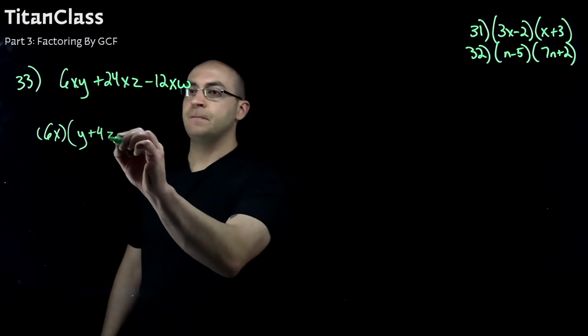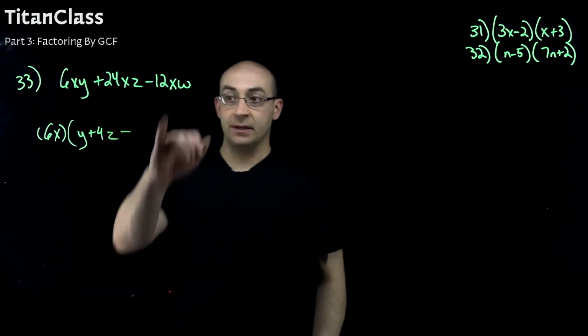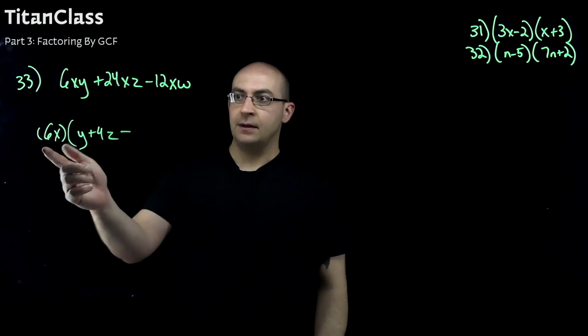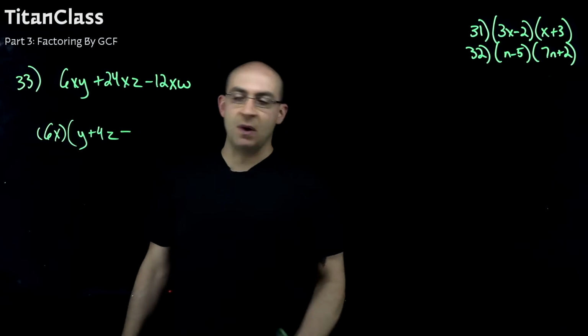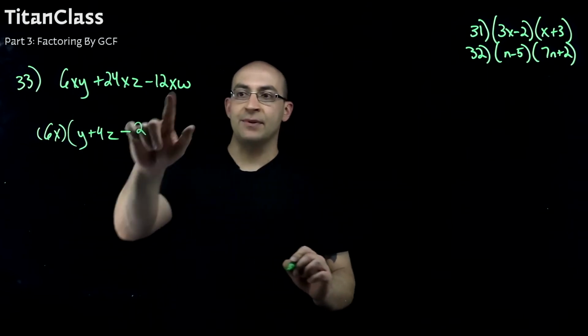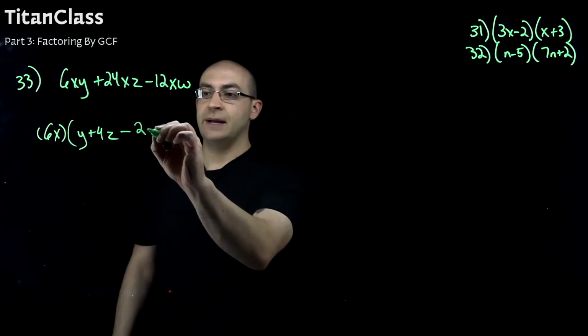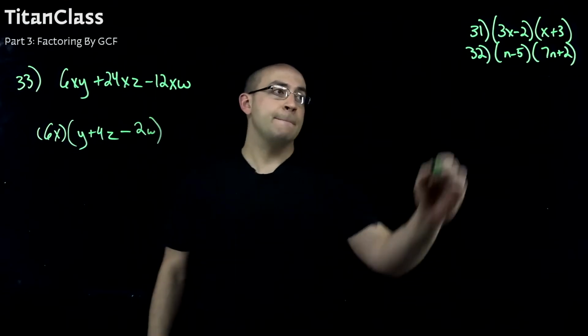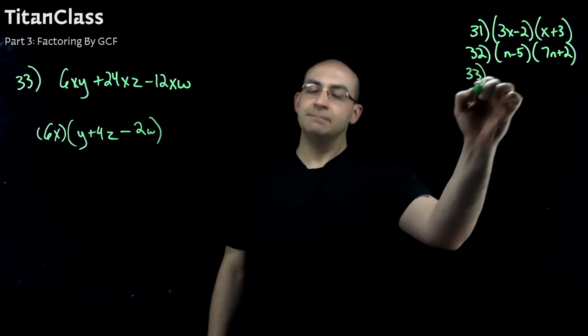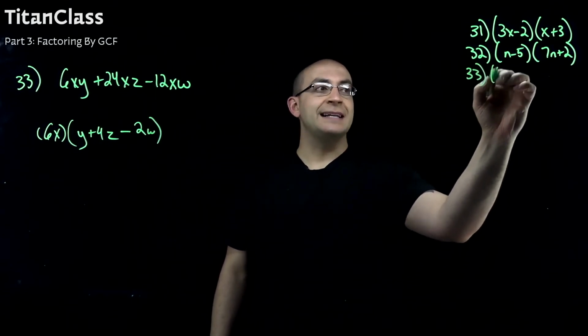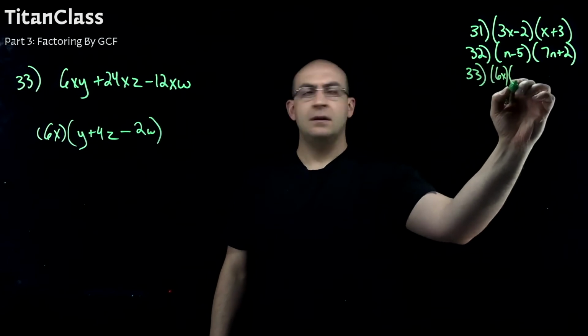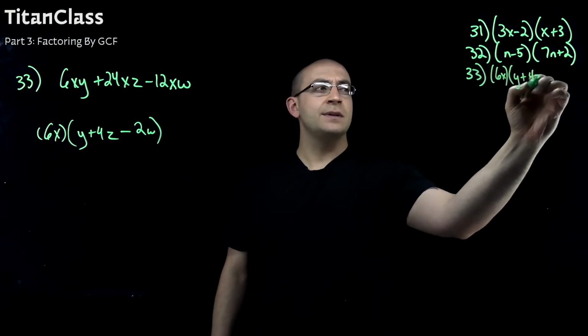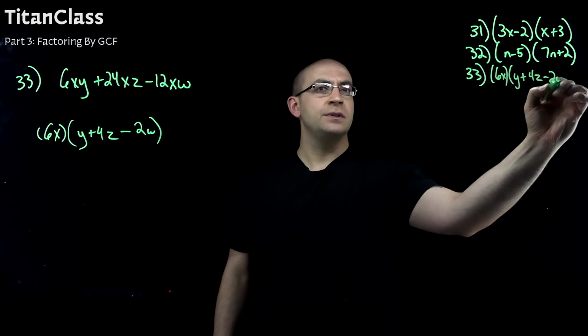Z. Minus sign, because we didn't take a negative out. When I divide that 6 out of 12, I get 2. Remember, the x came out, so w remains. Final answer. Strange, but final answer. So we've got 6x times the quantity y plus 4z minus 2w.